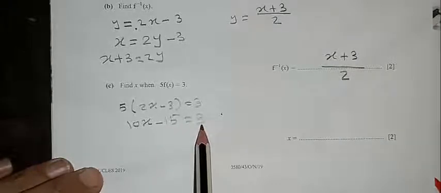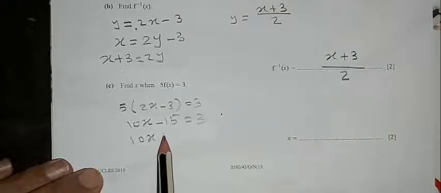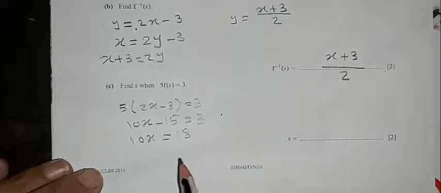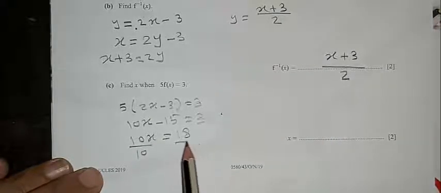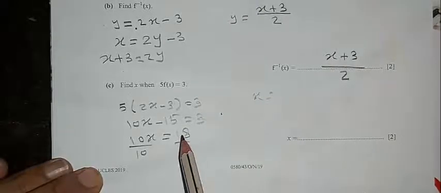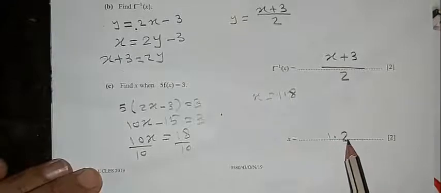Move the negative 15 to the right-hand side: 10x equals 3 plus 15, which is 18. If we divide both sides by 10, x will be 1.8.